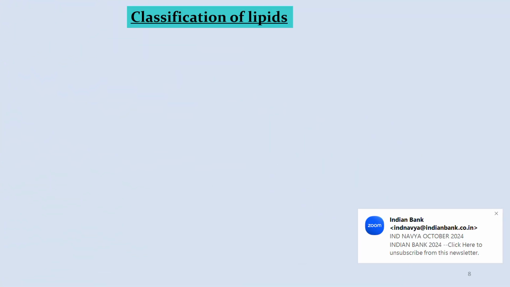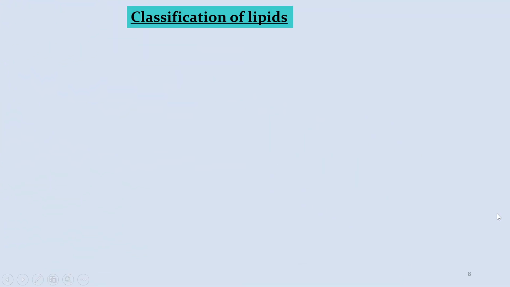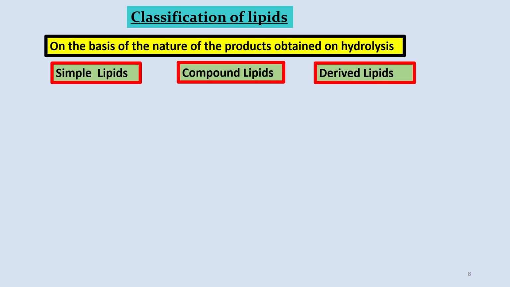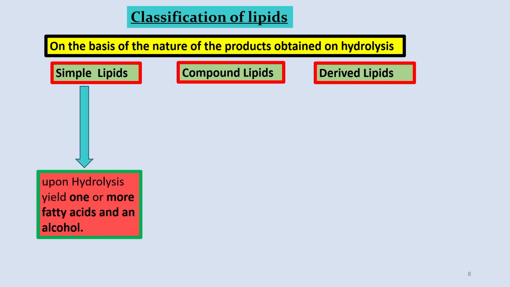When we see the classification of the lipids, on the basis of the nature of the product obtained on hydrolysis, first we can classify them as simple lipids, compound lipids and derived lipids. Simple lipids upon hydrolysis yield one or more fatty acids and an alcohol.